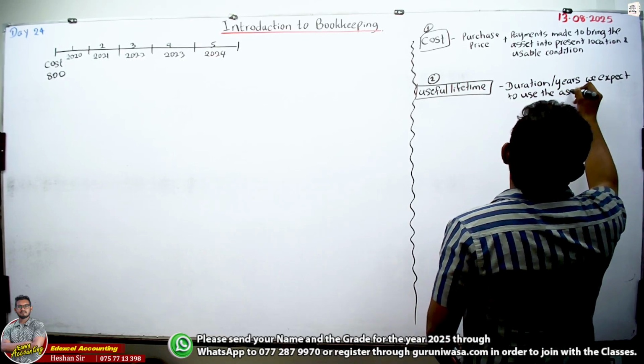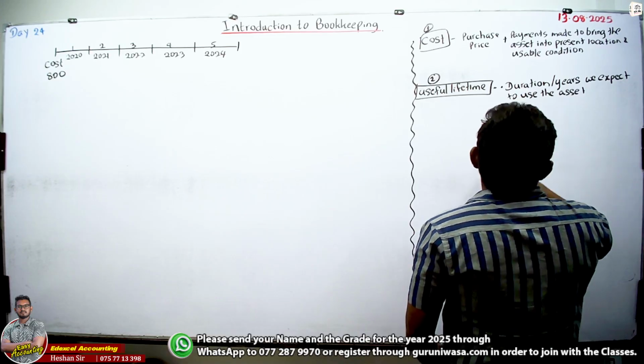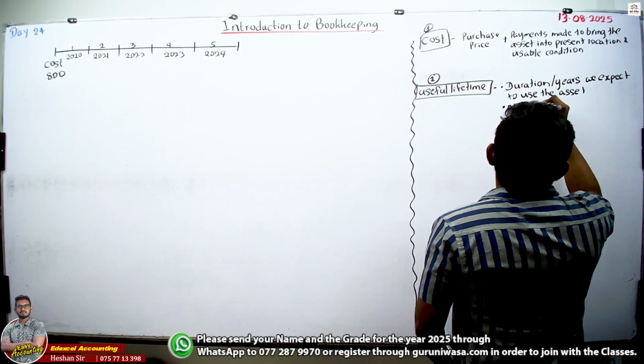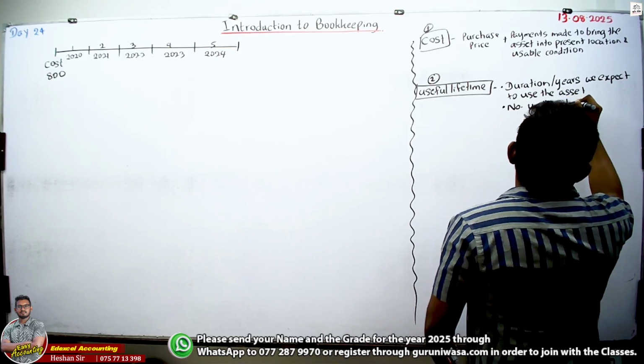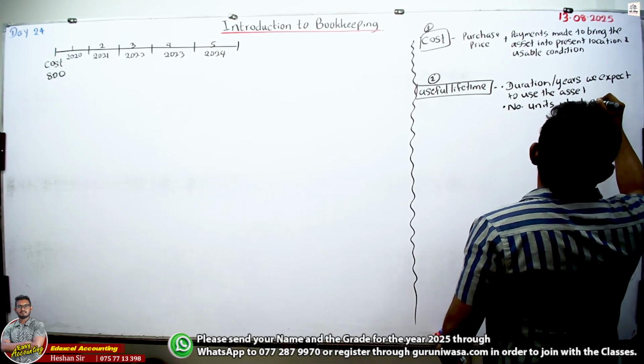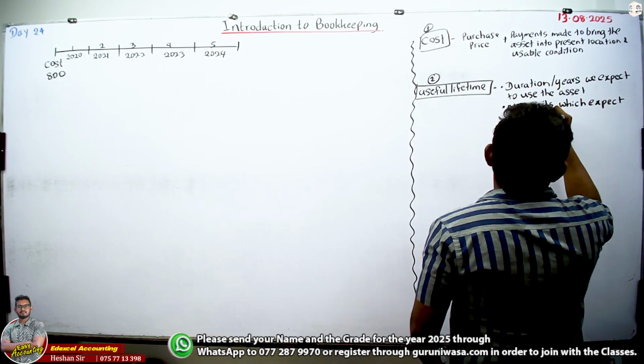Sometimes it can be the number of units which we expect to produce.